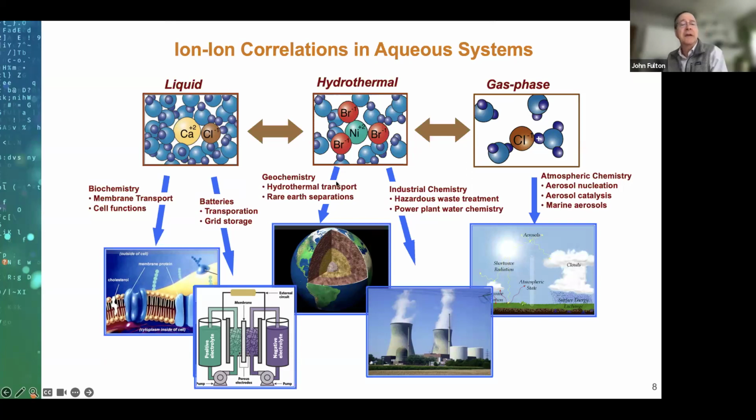In hydrothermal systems, the concentrating of metals in the earth's crust and the concentrating of rare earths are all based on hydrothermal transport of these materials. In industrial chemistry, we have importance in hazardous waste treatment and power plant water chemistry. And finally, there are instances in atmospheric chemistry, aerosol catalysis, and marine aerosols, where these ionic species play a major role.